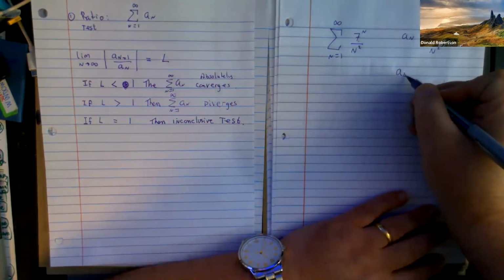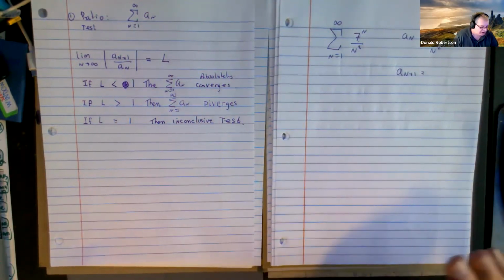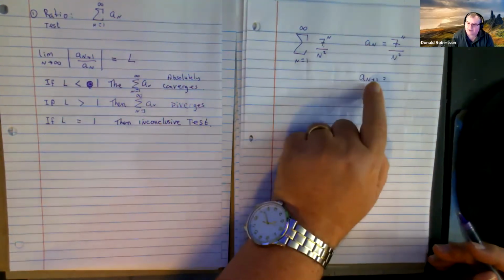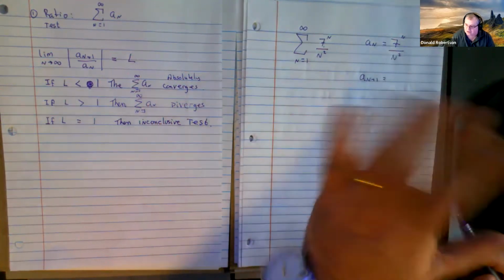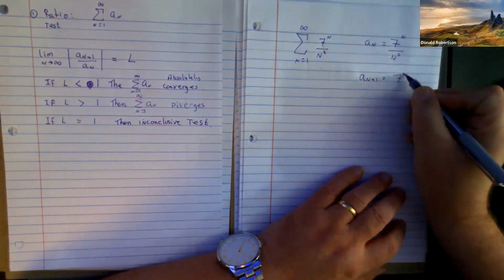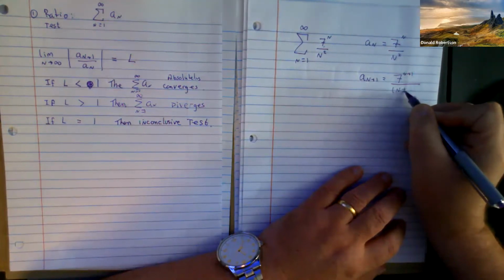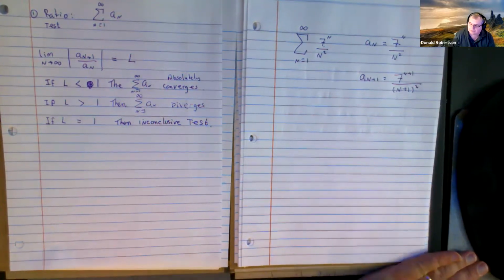We also need to know another guy called a_(n+1). Now, this fella here, you get him from here. All you're going to do is replace this n and that n and any other n with an n plus 1. So it's 7 to the n plus 1 over n plus 1 squared. Does that seem reasonable? That seems pretty obvious. That's how you do it.